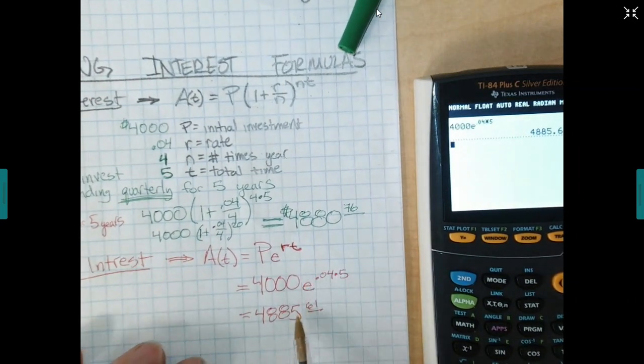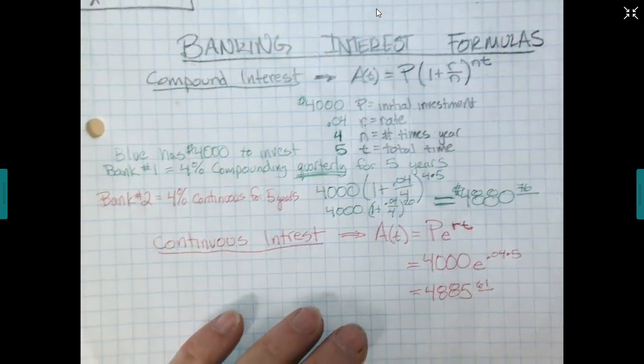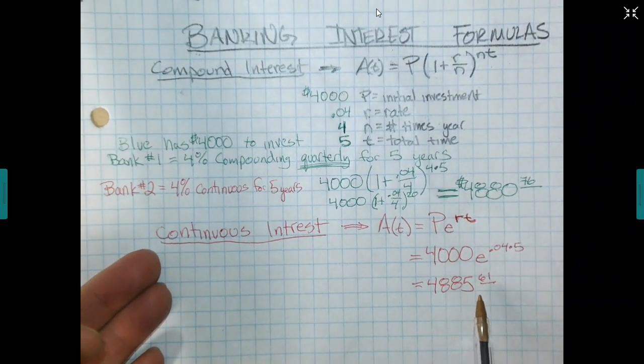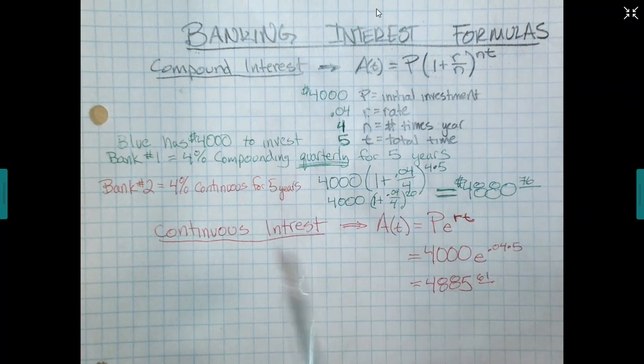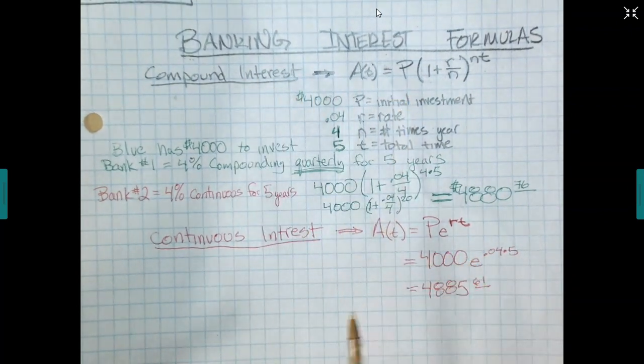So which one is better? Well, this one is better. Over 5 years, I got $5 extra. So really, the gains are nominal. I don't gain that much more, but I do get $5 more. So there's using the number E to figure out compounding interest.